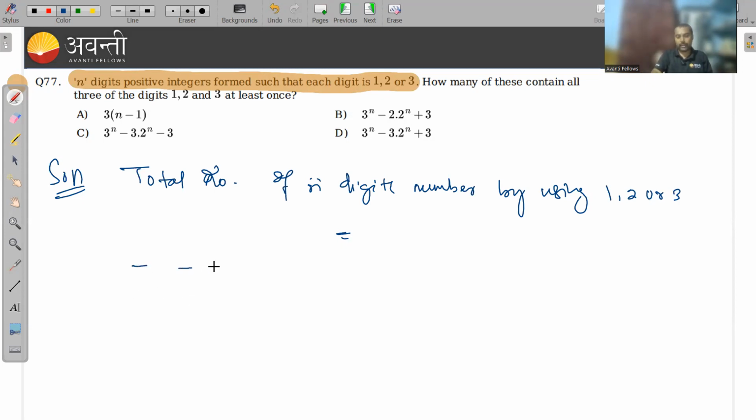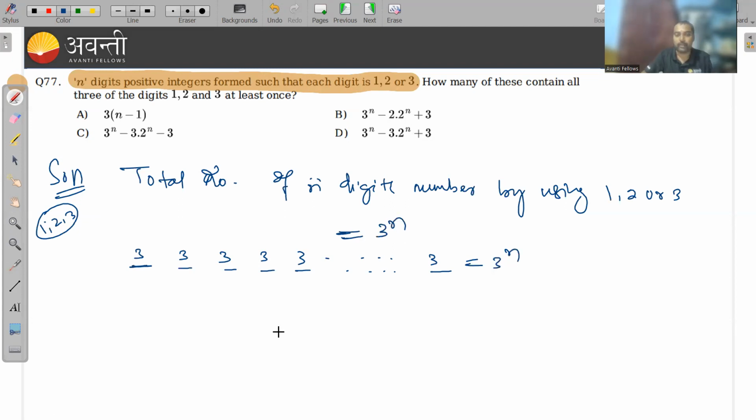If you have n places and we have the digits 1, 2, 3, we need to fill these digits in these n places. For the first place we have 3 options, for the second place 3 options, for the third place 3 options, for the fourth place also 3 options, है ना. तो वैसे ही for the nth place also we have 3 options. So total होगा 3 to the power n. So the total number of n digit numbers by using 1, 2 or 3 is 3 to the power n.